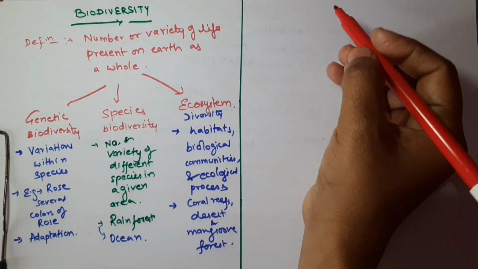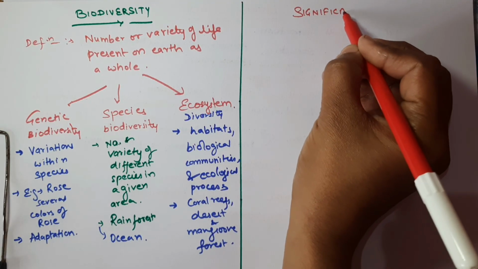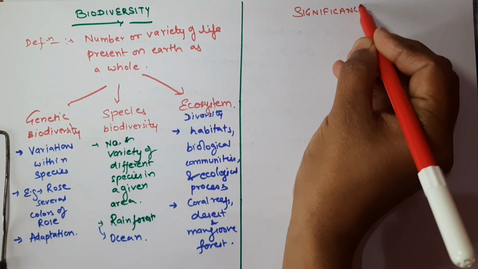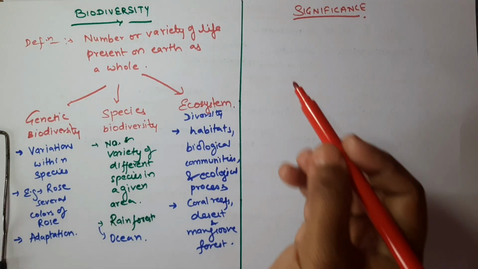Okay, so now let's talk about the significance. What is the significance of biodiversity and why does it matter? I will try to explain the significance in four broader terms.